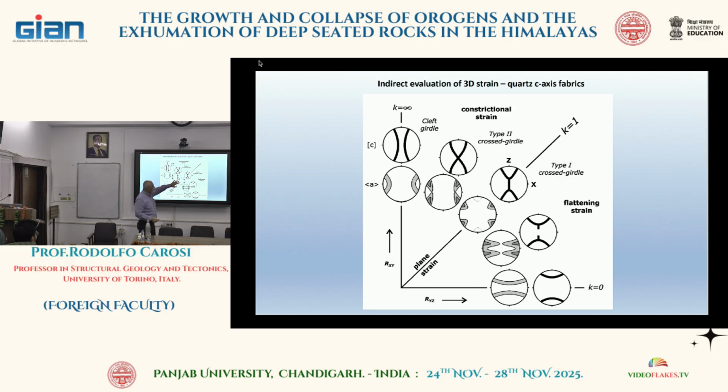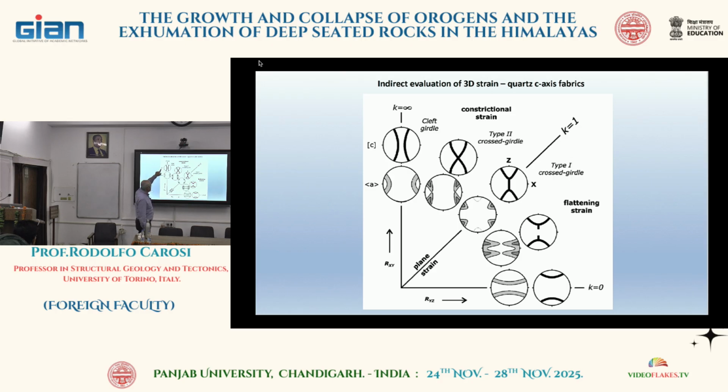The distribution of C-axes is not uniform, but follows this geometry that is controlled by the shape of the finite strain. If you have a distribution like this, you are in plane strain. If you have a distribution like this, you are in apparent flattening, or this apparent constriction.